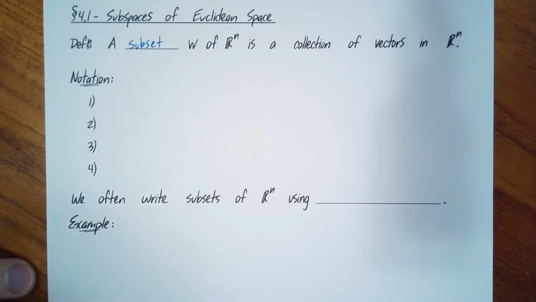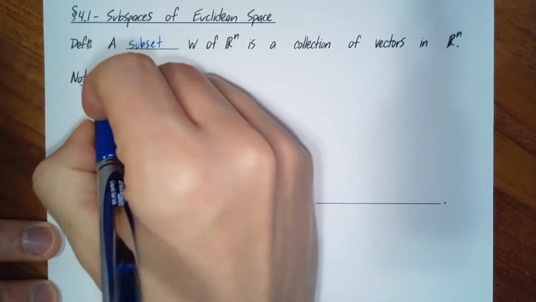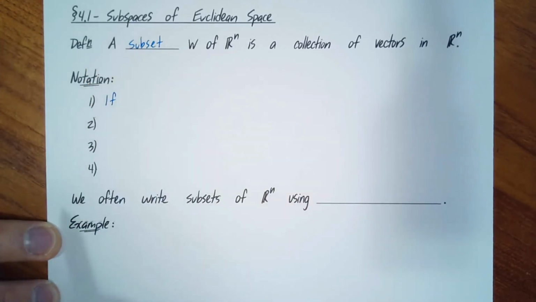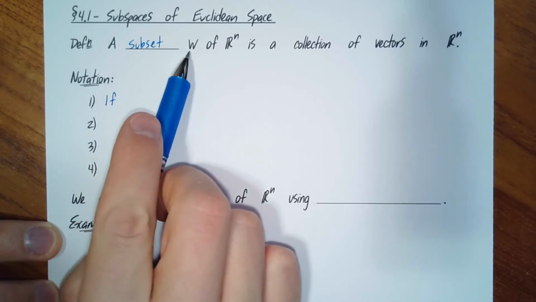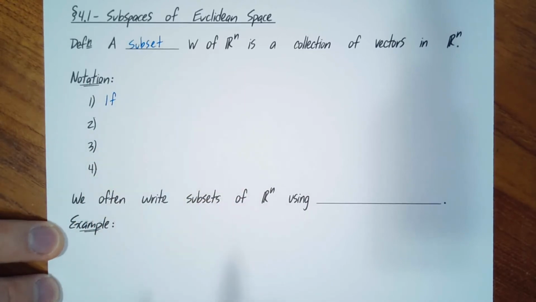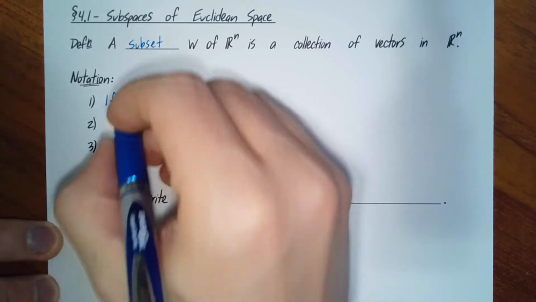Now, there's some notation that we can use to talk about this idea. The first thing I'm going to say is that if we do have a subset W as above, some set W which is a subset of Rn, then we can write it in the following way.